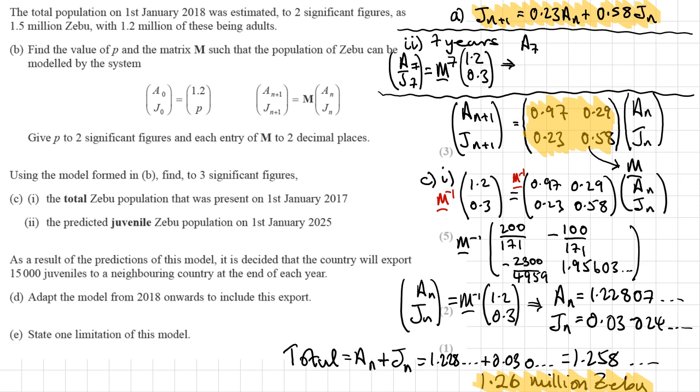So the number of adults is like 2.1173, and the number of juveniles in this 7th year, 2025, so J_7, is going to be 0.9381 and so on. And we just need the number of juveniles, so that's this number in terms of millions, and again 3 significant figures, so we can write that as 0.938 million, or you could write it as 938,000 as the number of juveniles.